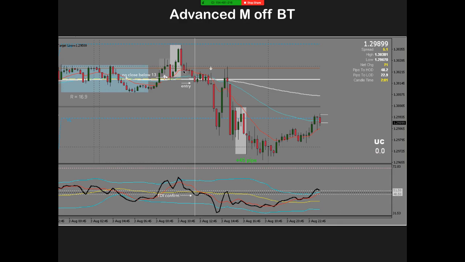We can't take the trade until the market baseline is crossed with the signal line, so you can't take the trade until right here. This was your entry, and if you held it down to the bottom, it was 45 pips. This was also a news move, so a little bit nasty because they whipped it back up.